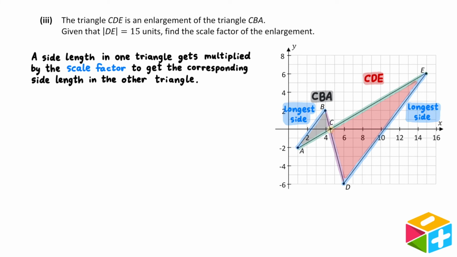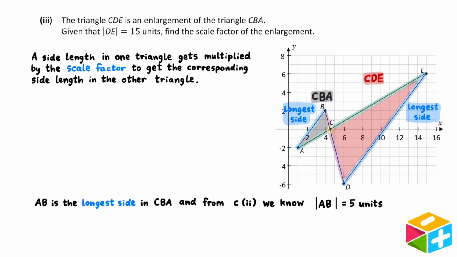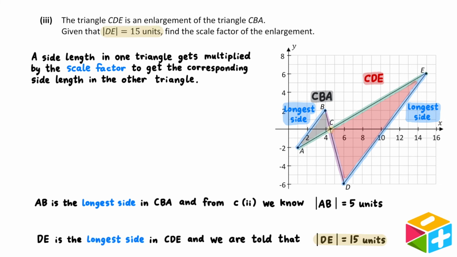We can find our scale factor by comparing the longest side in each triangle. These are coloured in blue. AB is the longest side in the triangle CBA. In the previous part of the question, we found that the length of this side is 5 units. On the other hand, DE is the longest side in the triangle CDE.